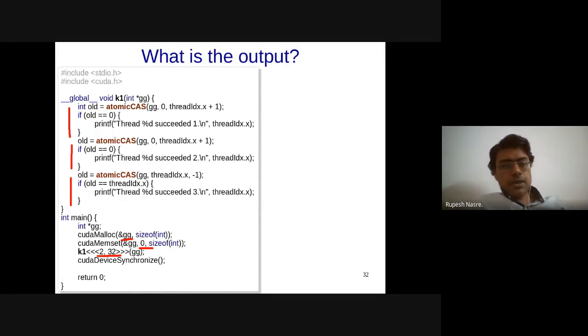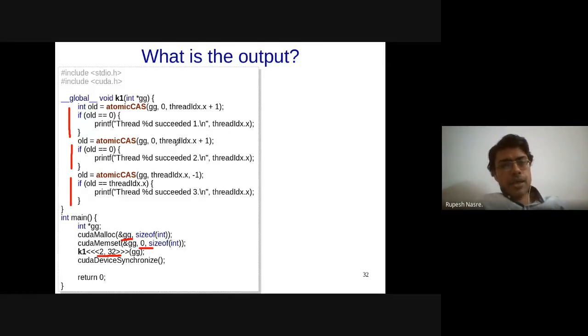Right, so the thread IDs are not from 0 to 63. Thread IDs are from 0 to 31 and 0 to 31 in 2 blocks. But I understand what Sanket is saying about 0 to 63, which means there are 64 threads and any of them might be able to get that.